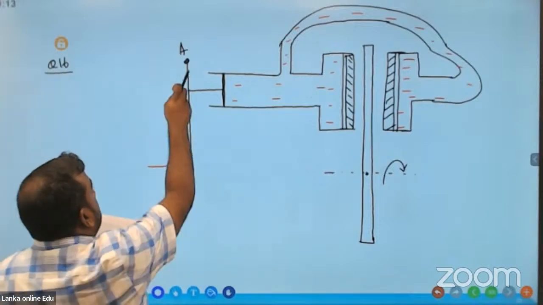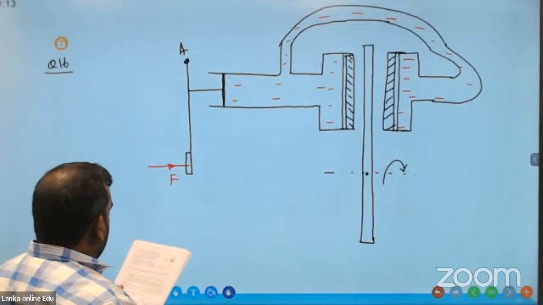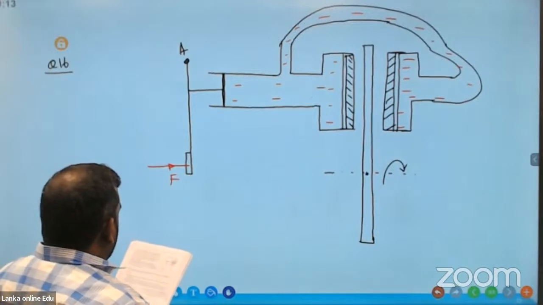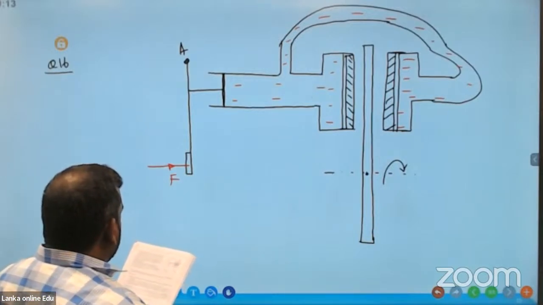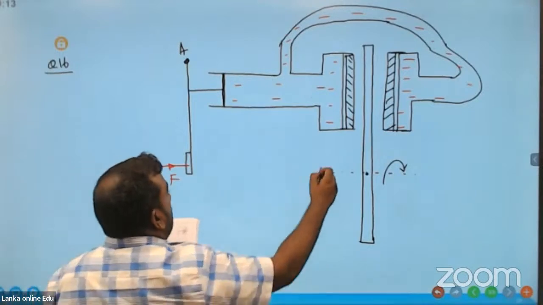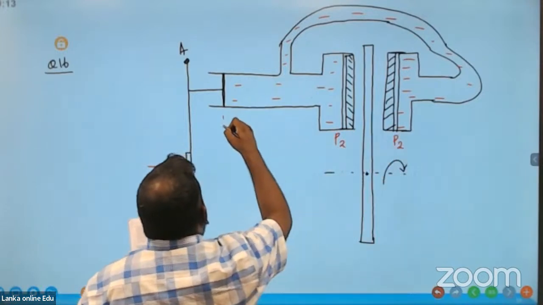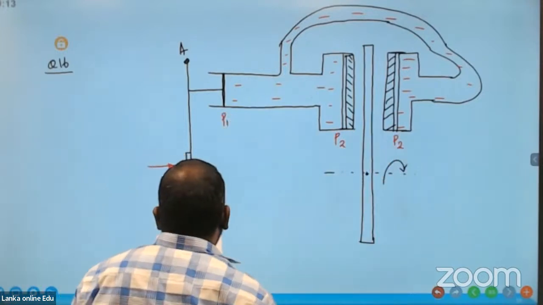So when I press this, it will rotate about this axis. Pressure is applied on a master pump. The resulting pressure is transmitted to the brake fluid in identical pistons P2. Here your master piston P1 is there.